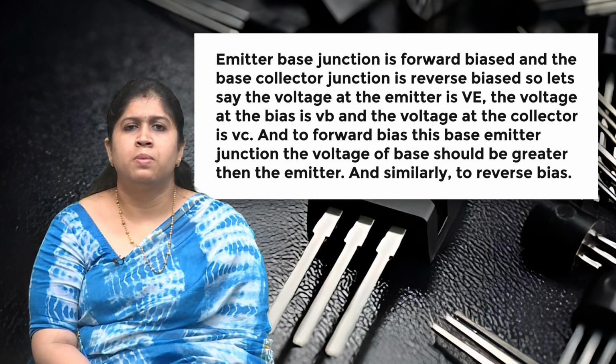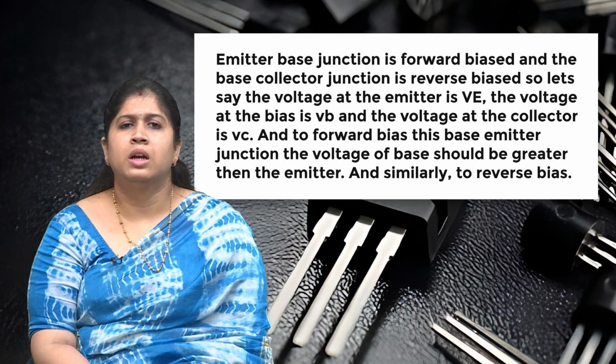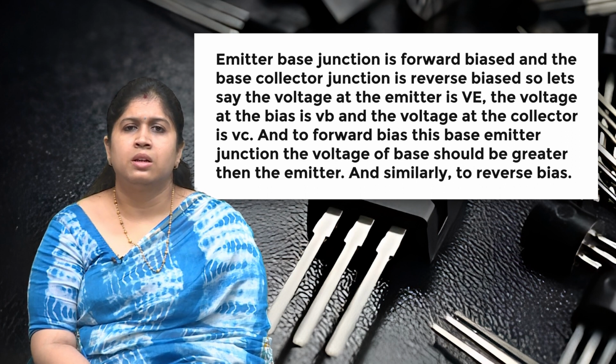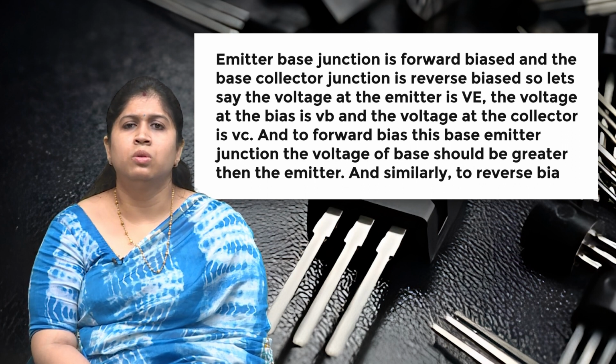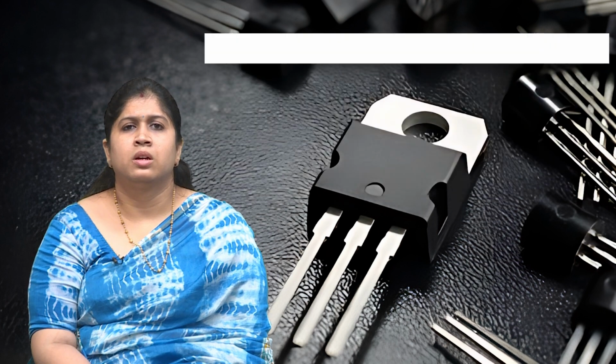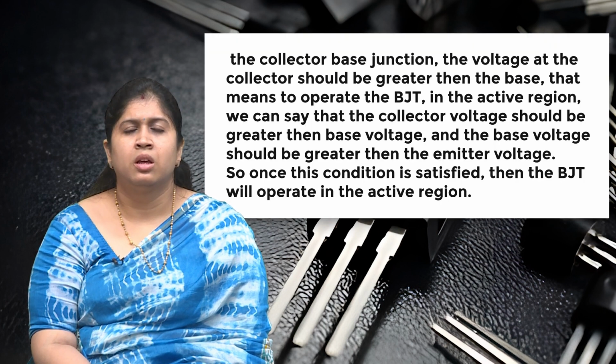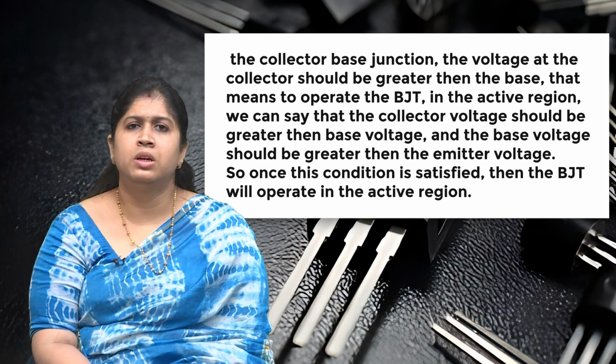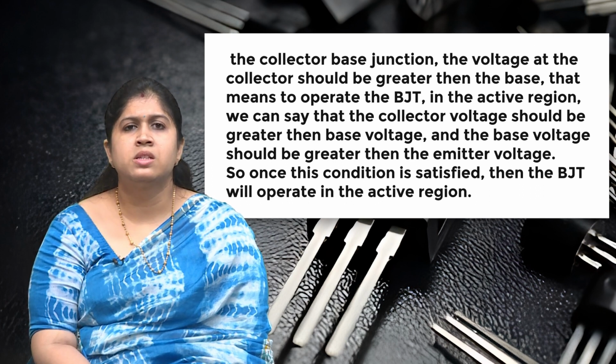To forward bias the base-emitter junction, the voltage of the base should be greater than the emitter, and similarly to reverse bias the collector-base junction, the voltage at the collector should be greater than the base.